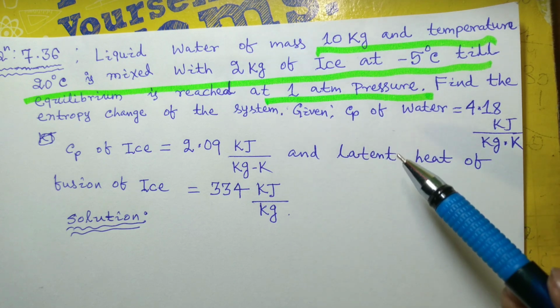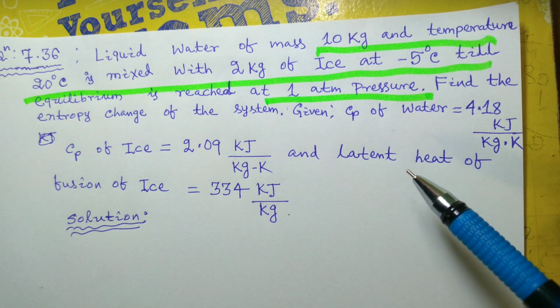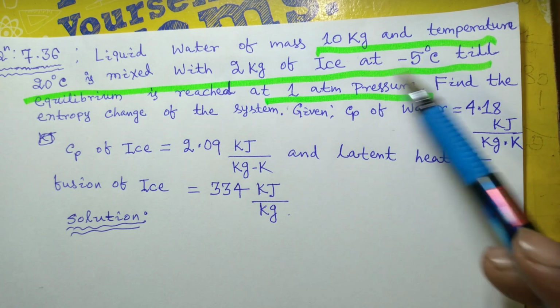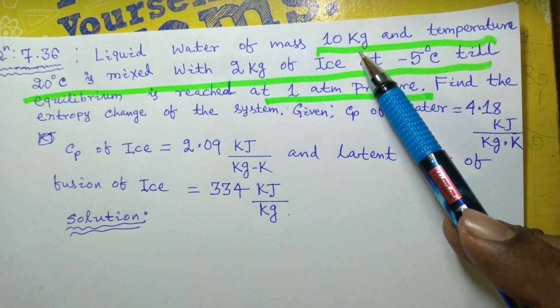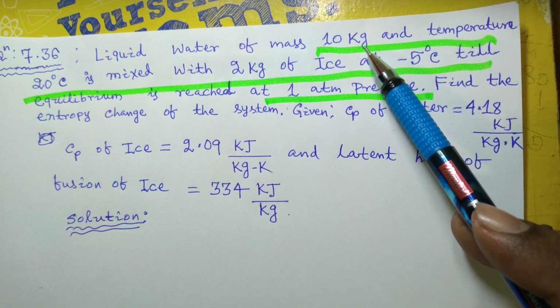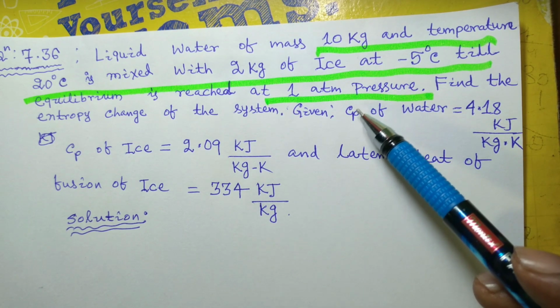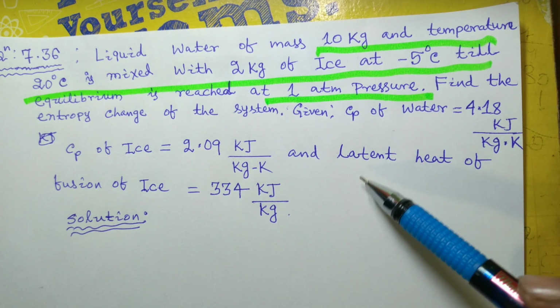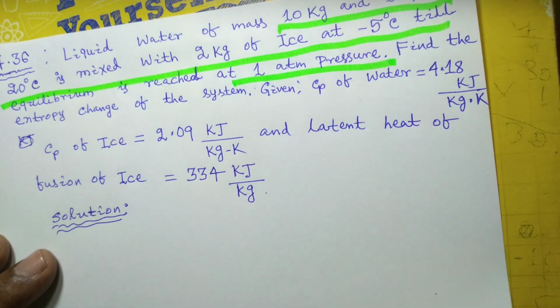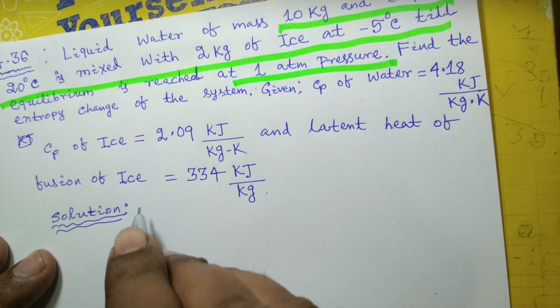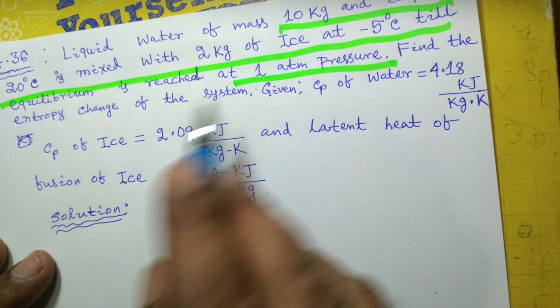It will reach the liquid state, and then its temperature can also go up if the heat supplied by liquid water is more than that required to attain the saturation state and get melted. So from this, first we have to decide what the final state of this ice is.